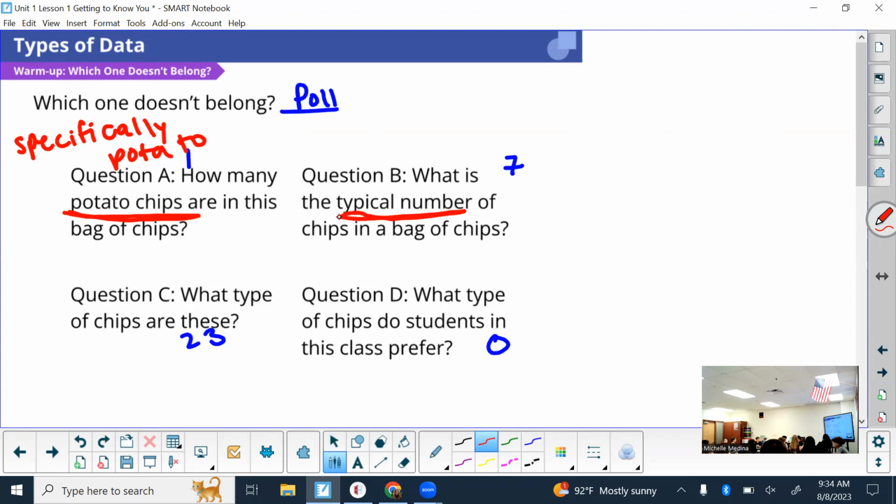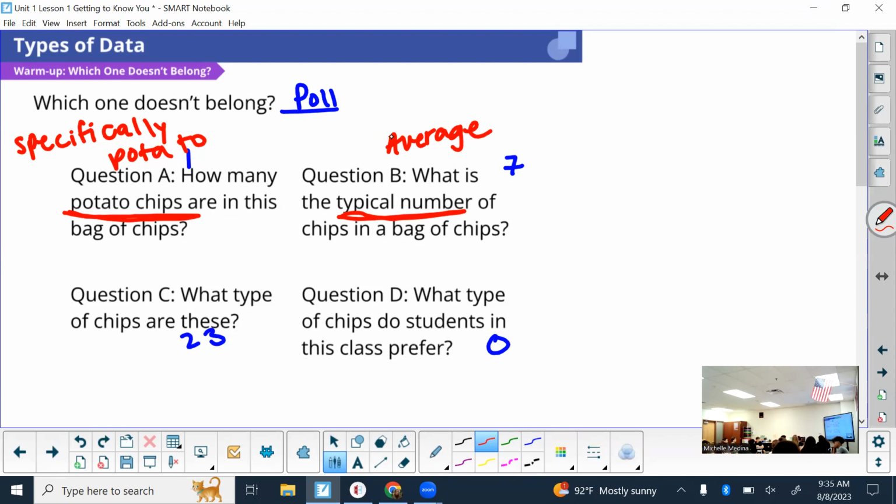What's another word for the word typical? Yes? Average. Good. If you remember when I was talking about it yesterday, this unit is going to be about one variable statistics. So an average or typical amount would be a statistic. So yeah, this one is the only one that says typical.